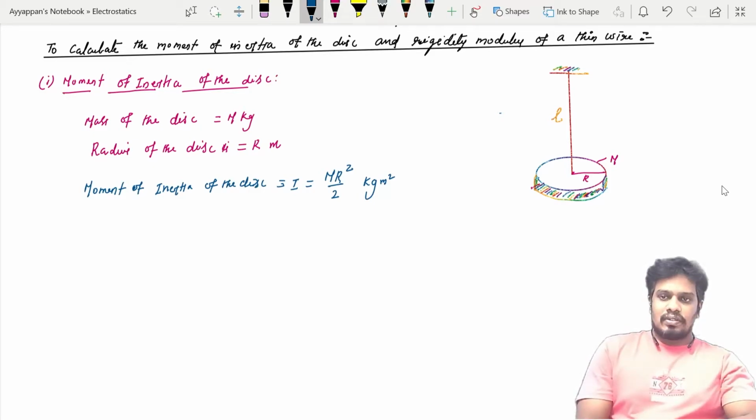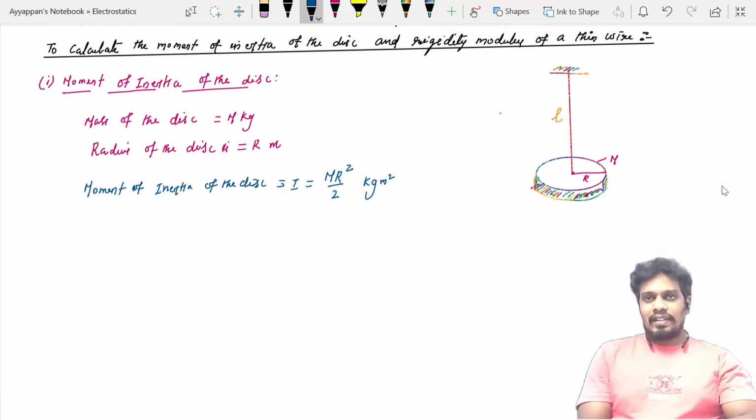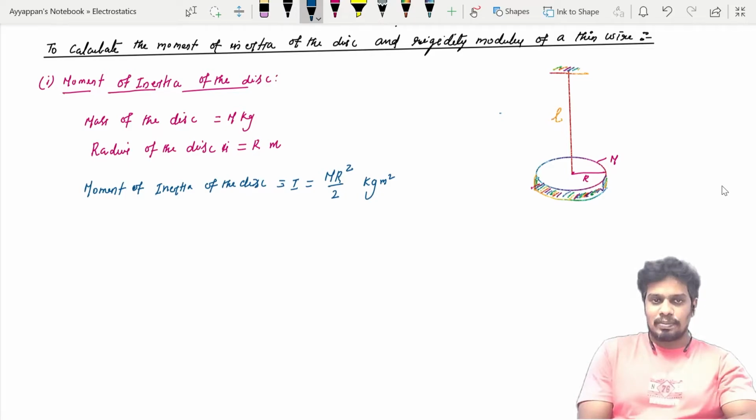So we are going to use the theory. We already derived the period of oscillation of the torsional pendulum.